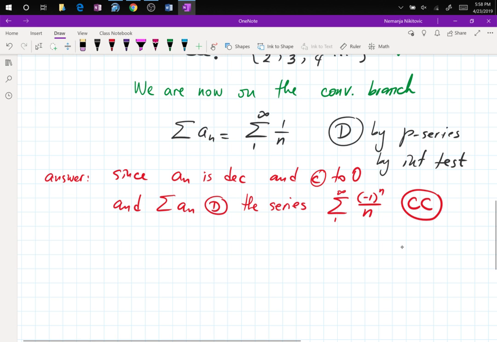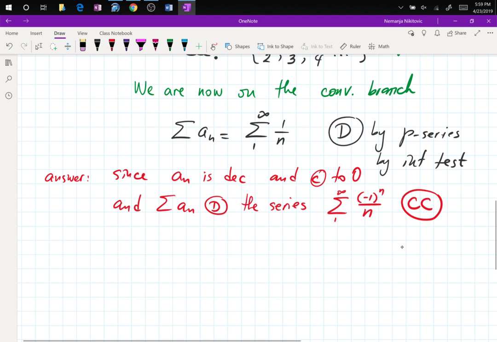If it passes both conditions, then do the summation of a_n using any of the other 9 tests that are given to you. Well, we didn't cover the last 2 yet, but we will. And that's it. So it's a very structured approach. You just need to follow all of the steps.